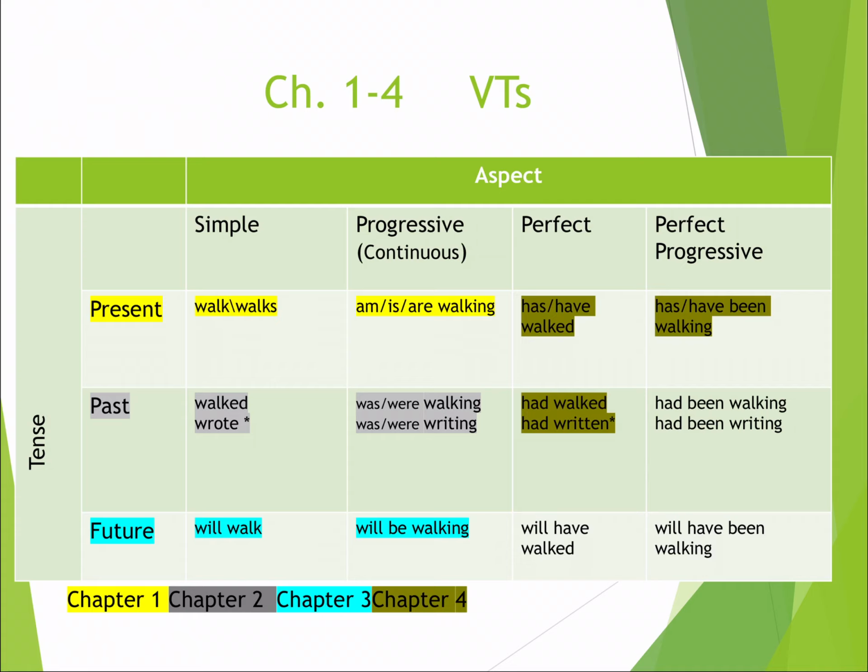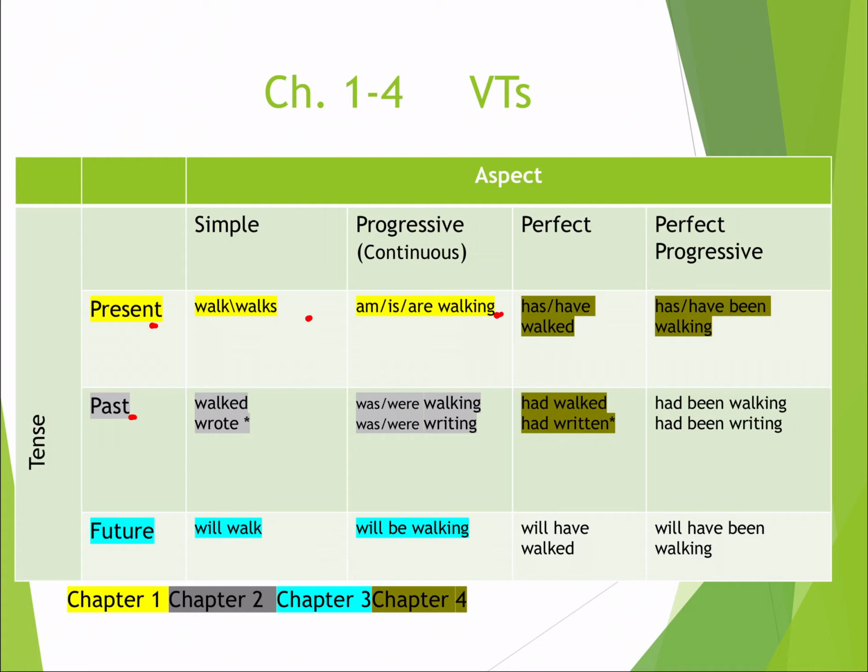So you can see here on this chart some color codes. Let's look at the bottom of the chart first. So chapter 1 in yellow is focused on the present verb tenses. And so we will first study the simple present form and then present progressive form. Chapter 2 focuses on past verb tenses.